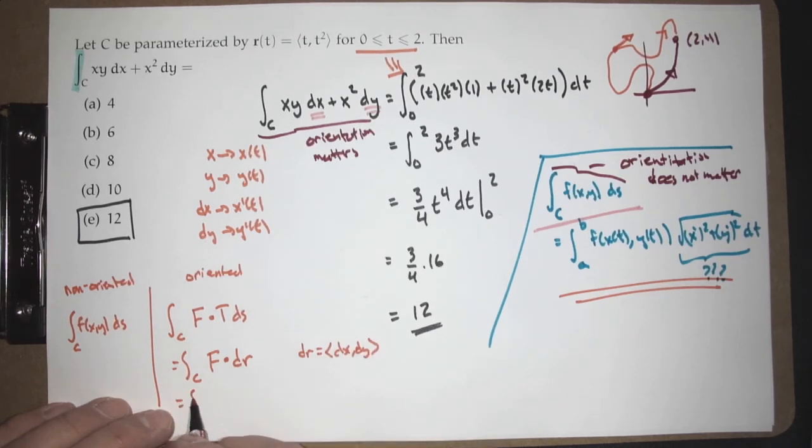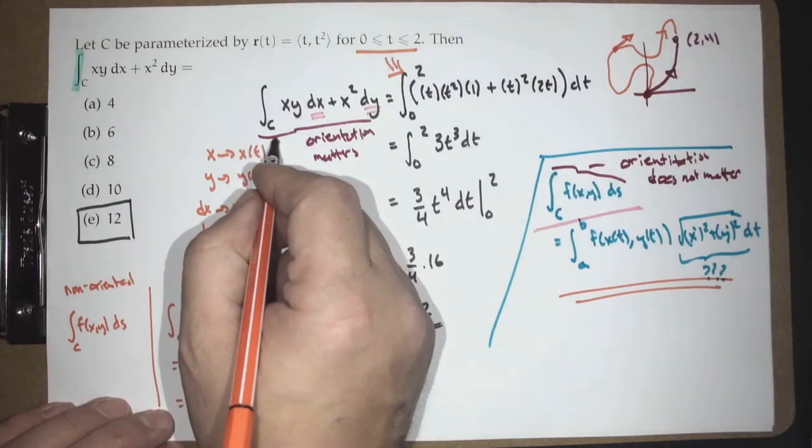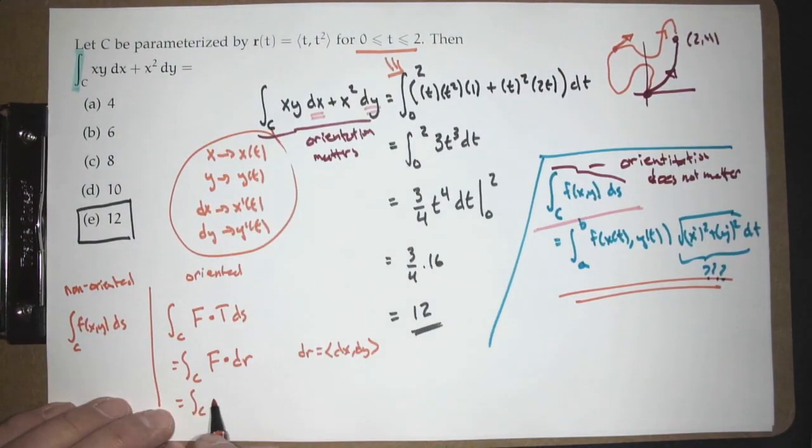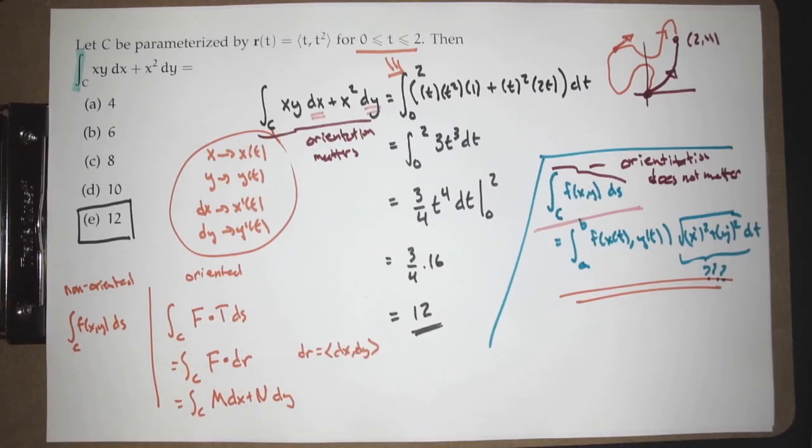And the one I like, just because it's easiest to apply the rules here, M dx plus N dy. Now, where did the square root go? The answer is it's actually inside of this T. Because T is a unit vector, and it's a tangent vector.